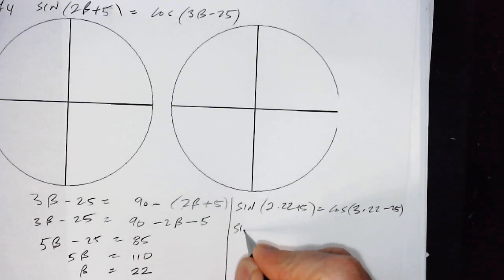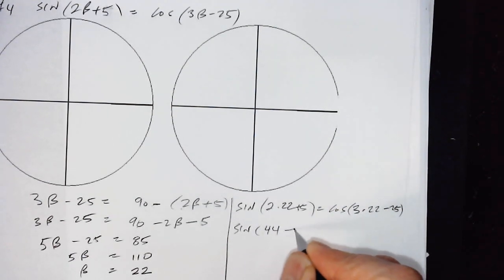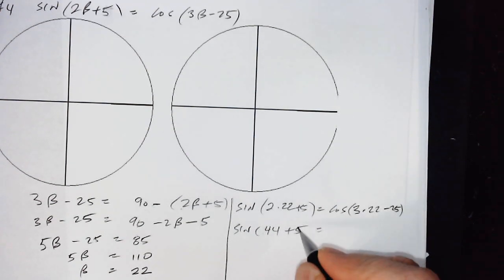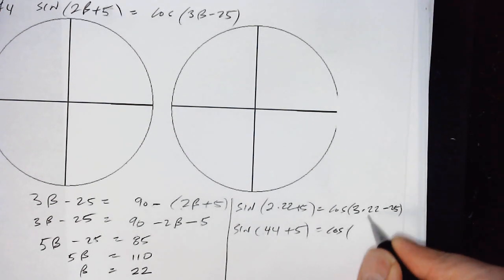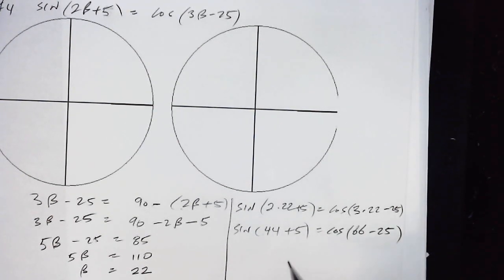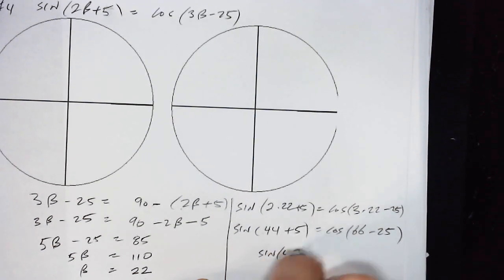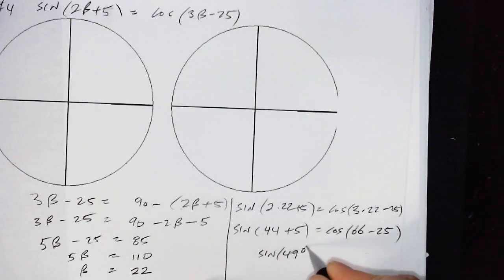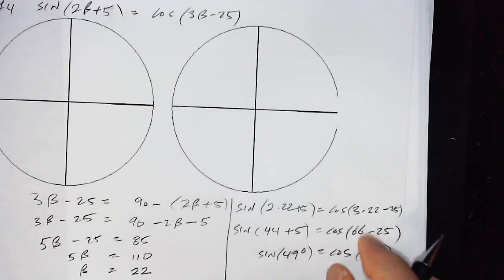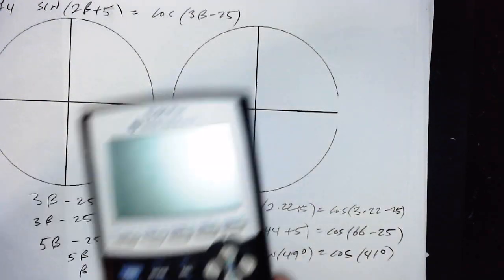That is to say, the sine of 44 plus 5 equals the cosine of 66 minus 25. That is the sine of 49 degrees. I was writing in degrees. The sine of 49 degrees should equal the cosine of 41 degrees. And we could look up those numbers and see what they are just to check that.